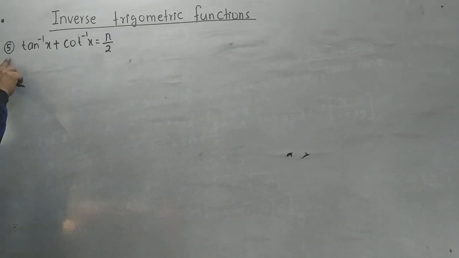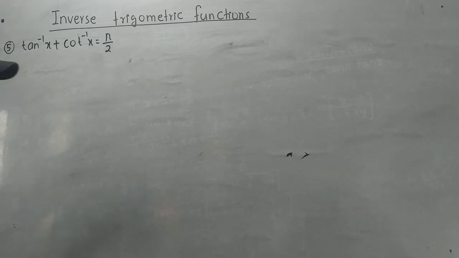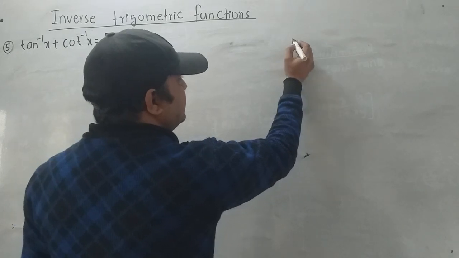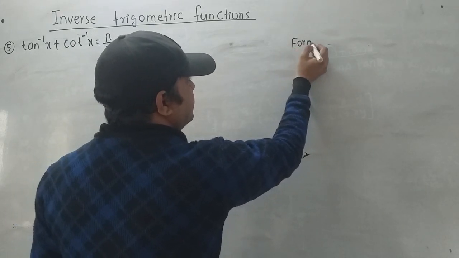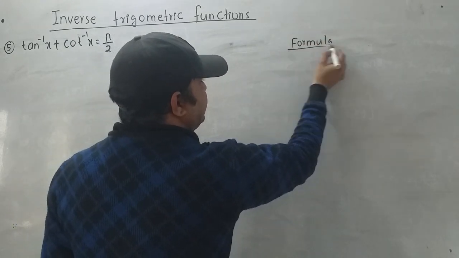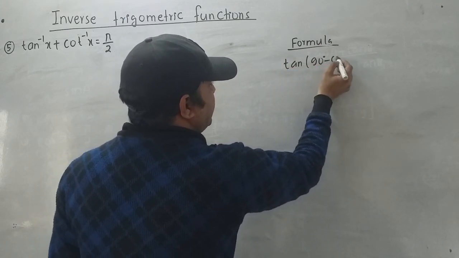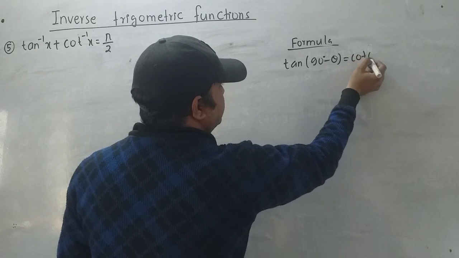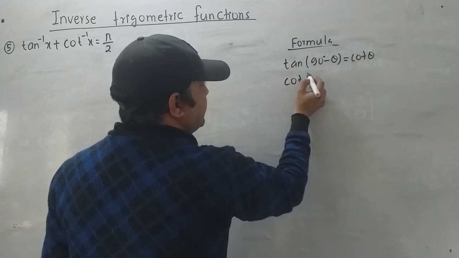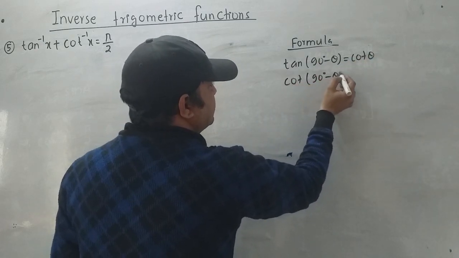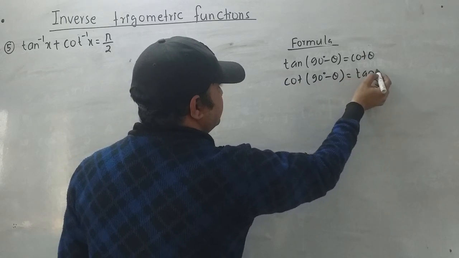Now formula number 5, tan inverse x plus cot inverse x equals pi by 2. But before that you need to remember that tan(90 minus theta) will be cot theta. In a similar pattern, cot(90 minus theta) will be tan theta.